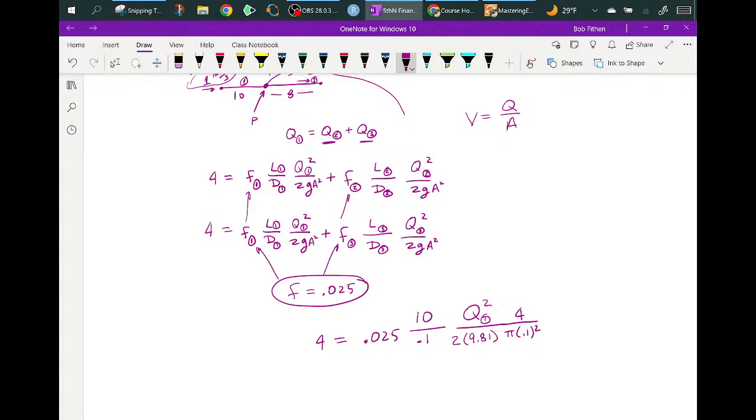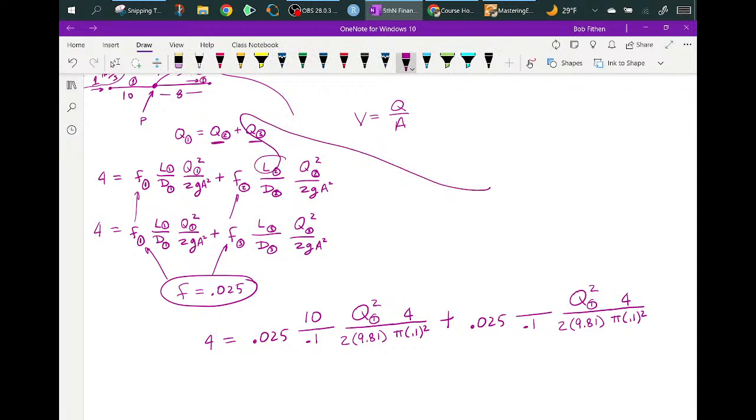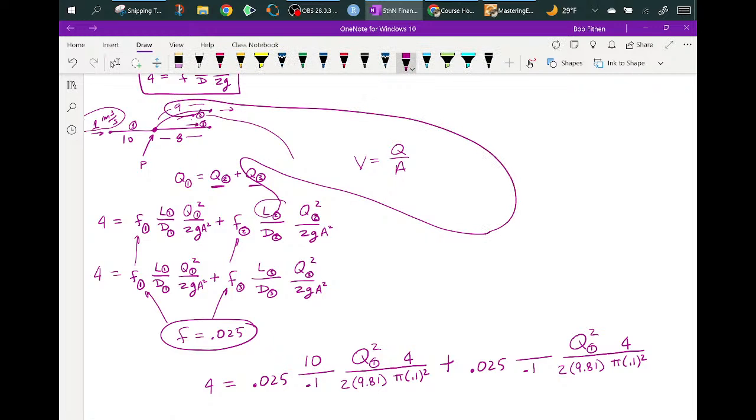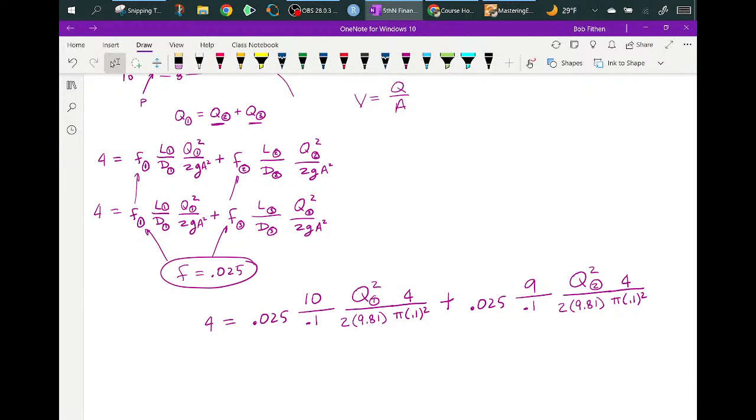Then you can copy that same thing and paste it. When we paste it, we recognize that it is now length 2, which is 9, and it is going to be Q2. Diameter is the same, everything is the same.